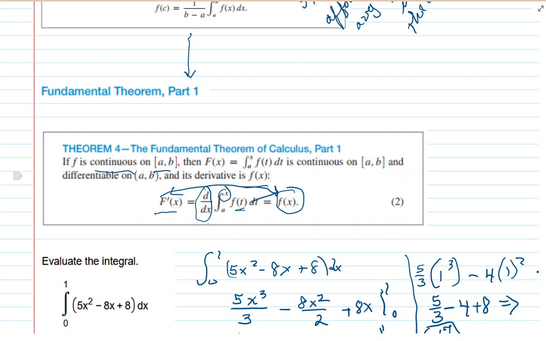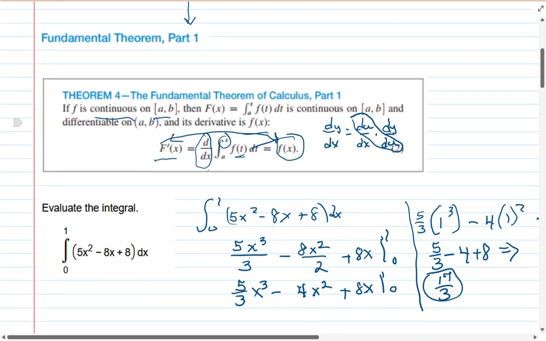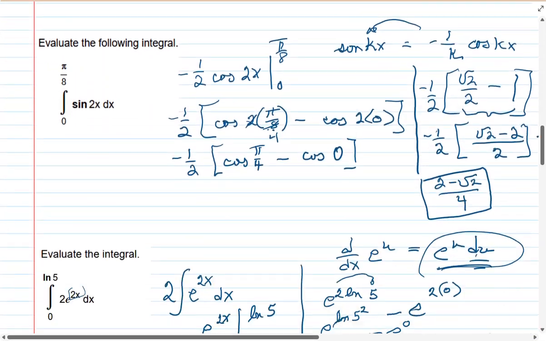What happens here is that dy/dx is equal to du/dx times dy/du. And this part is what is occurring for that x, so that we can change it to x.